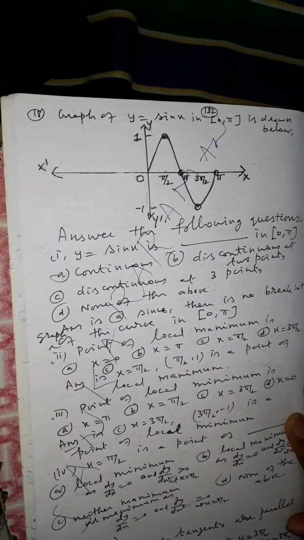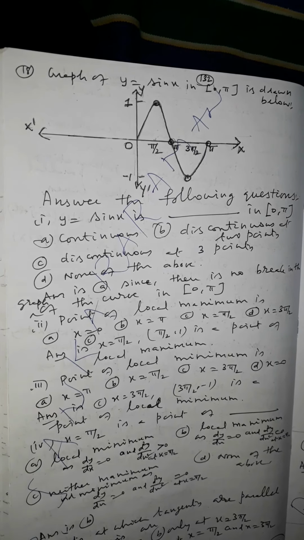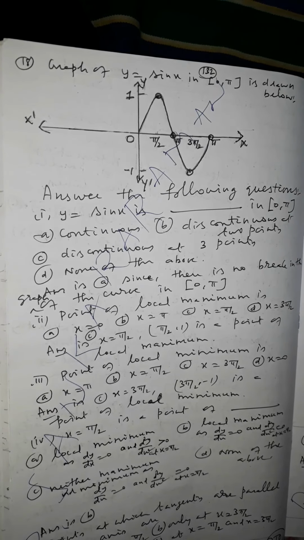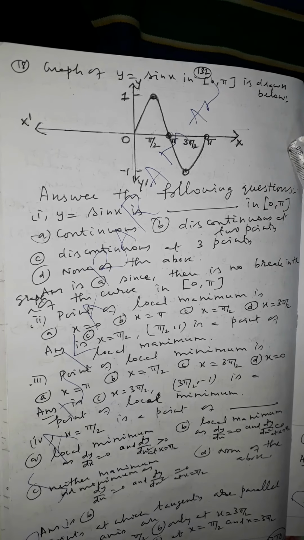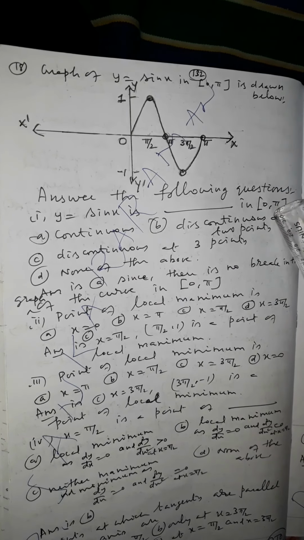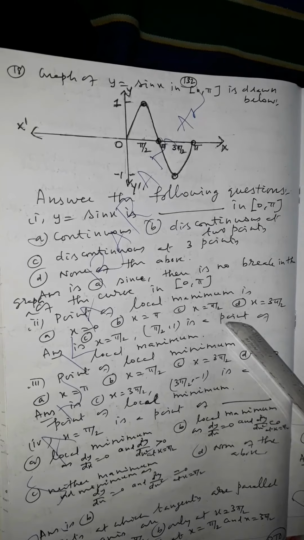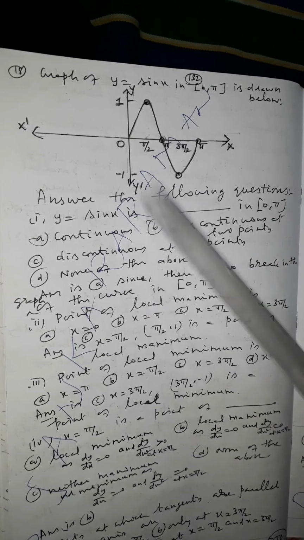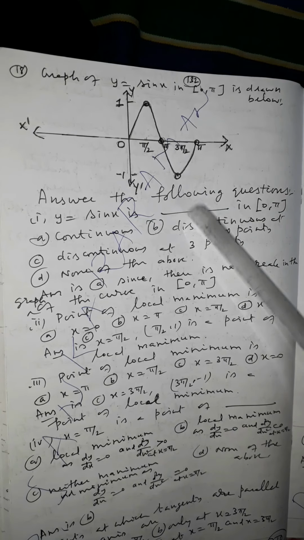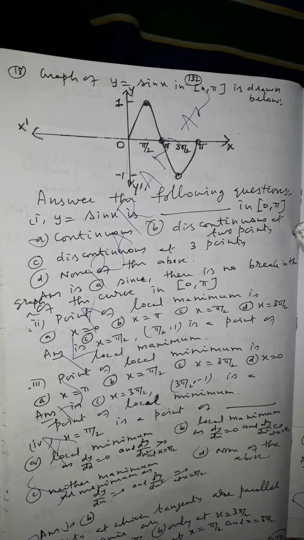Okay, let me take question number 18. Just see here, the graph of y is equal to sin x is drawn below. Answer the following questions, drawn between 0 and pi. Y is equal to sin x in 0 to pi, I am able to draw the graph without any break, therefore it is continuous.